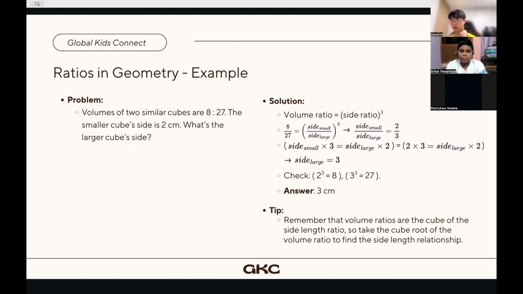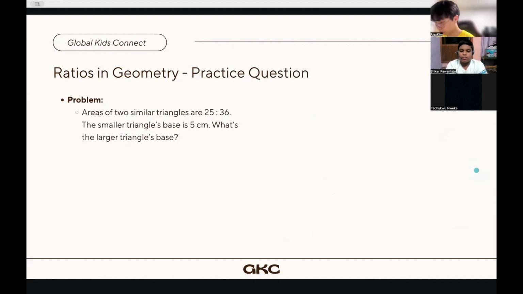The tip for this kind of question is to remember that volume ratios are the cube of the side length ratio. So take the cube root of the volume ratio to find the side length relationship. And so we can move on.